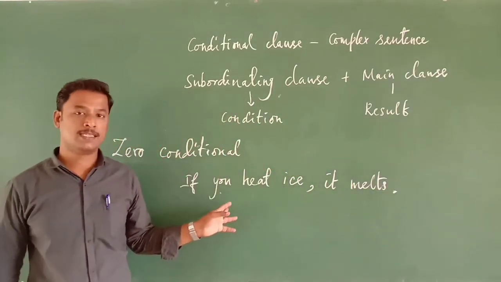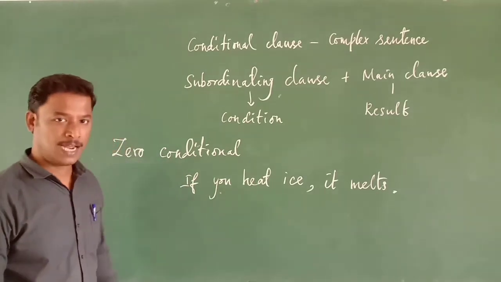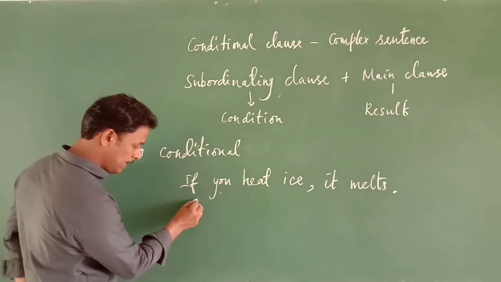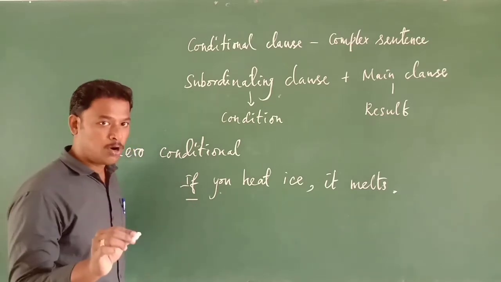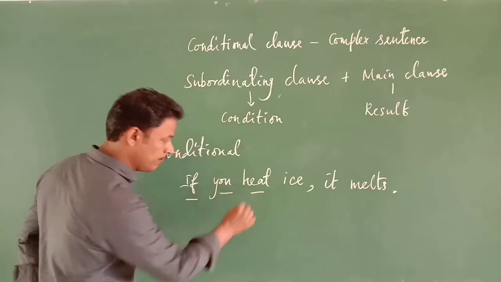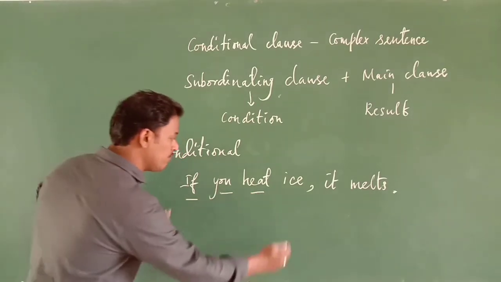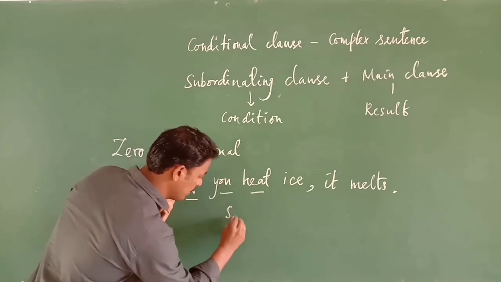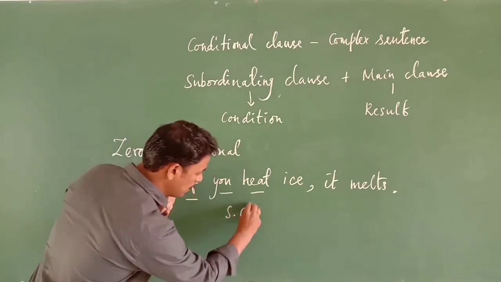If you heat ice, it melts. Analyze this one. This sentence starts with a subordinating conjunction and it has a subject and a verb individually. So the first part, the first idea, is a subordinating clause.